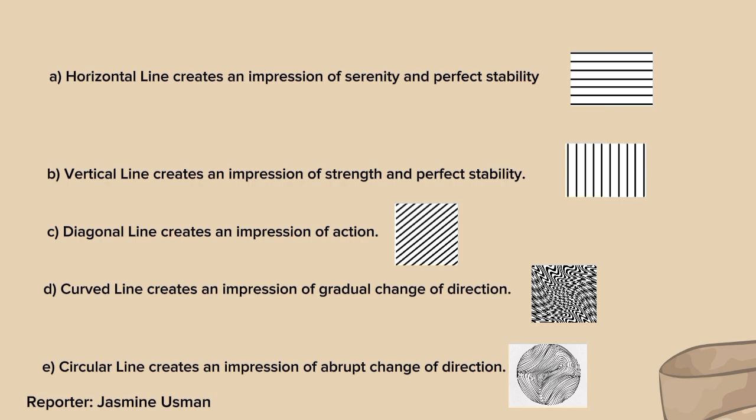The next is vertical line. Vertical line creates an impression of strength and perfect stability. Vertical lines, being perpendicular to the ground, convey a sense of upward movement and stability. In nature, trees, tall buildings, and other upright structures exhibit verticality, evoking a feeling of strength and solidity.